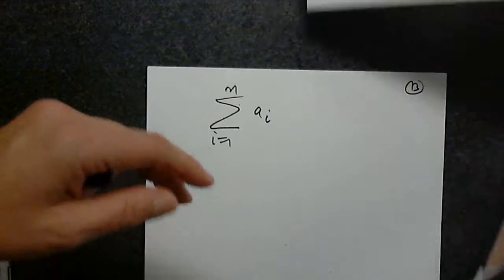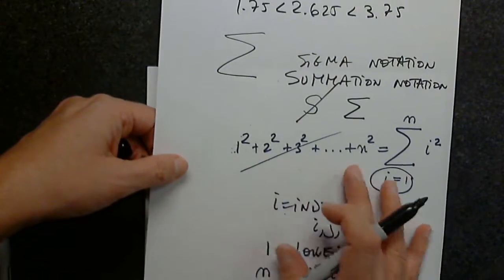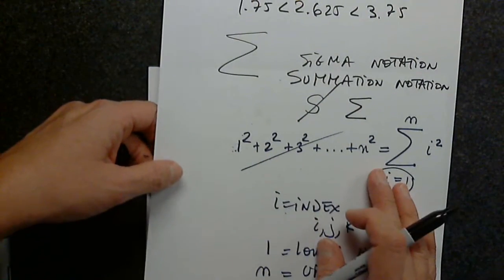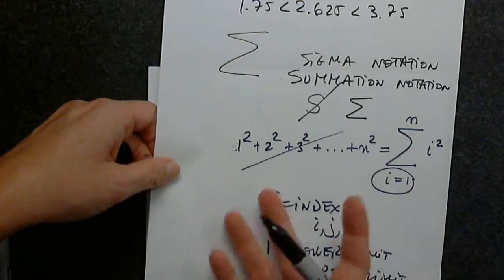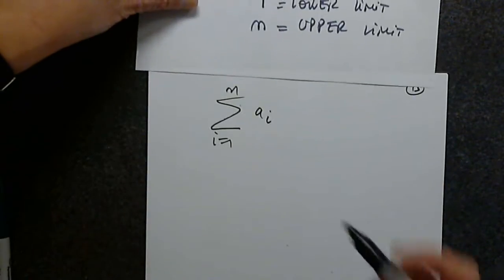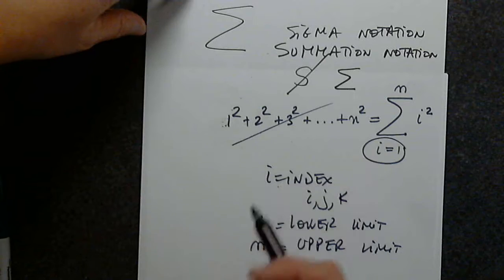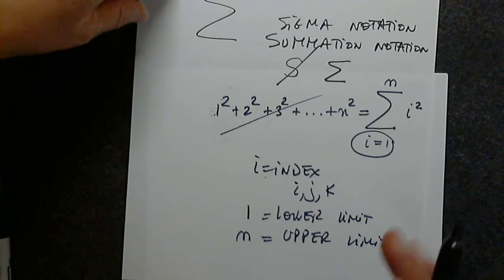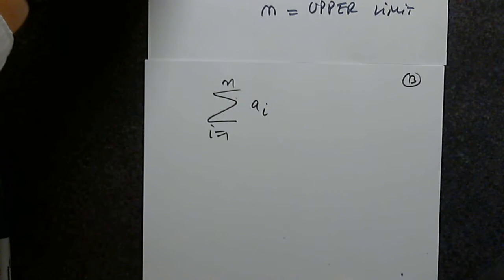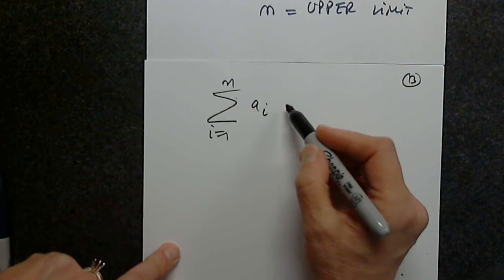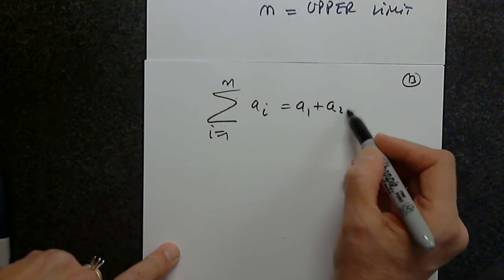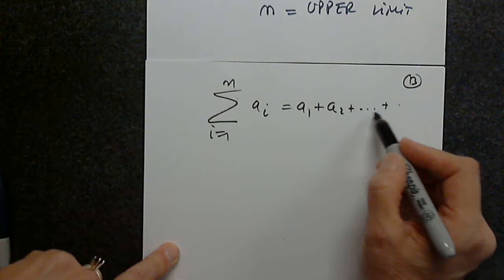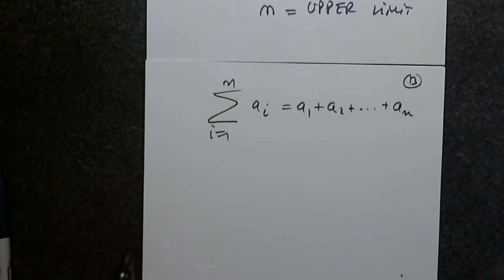This is a specific example in which all terms are squared and then added up. This is just an example, and we're going to come back to that, because this is an important sum that we have to remember. But what does this mean? It really means a_1 plus a_2 plus dot, dot, dot, a_n.